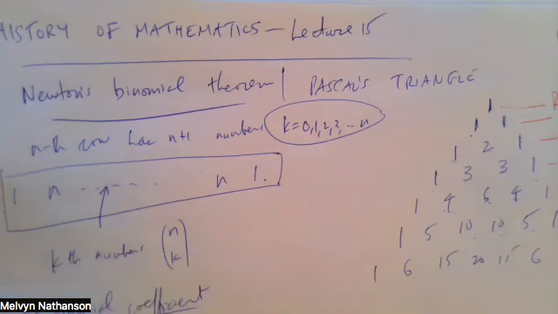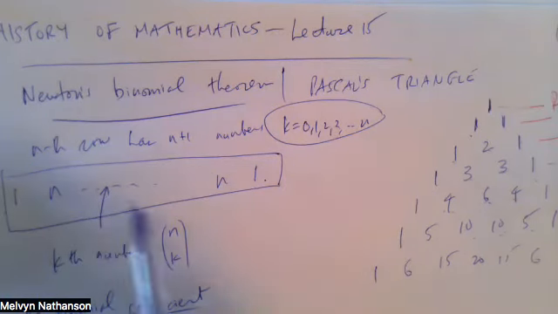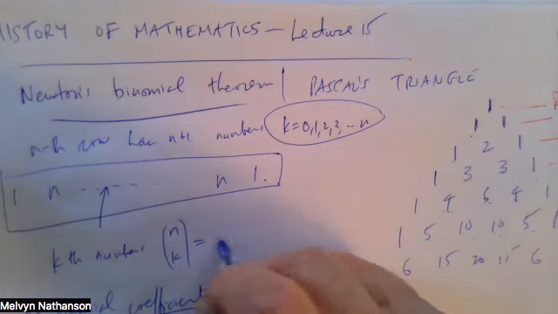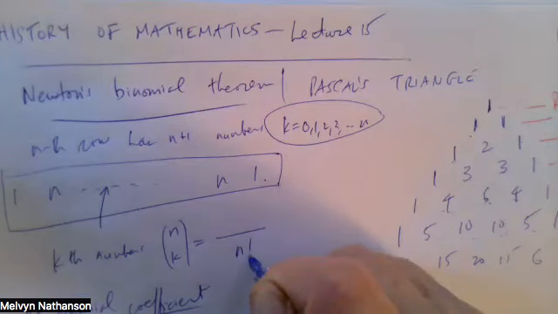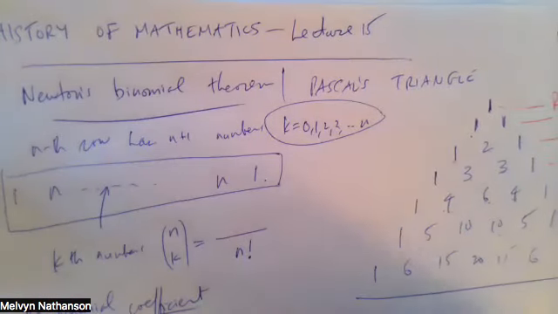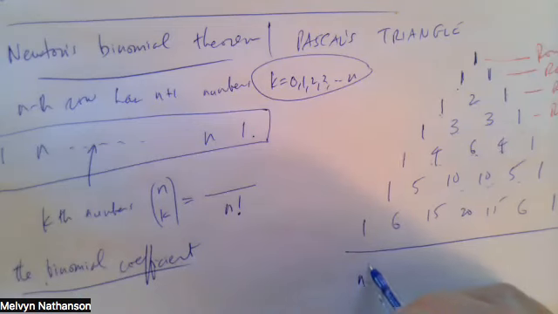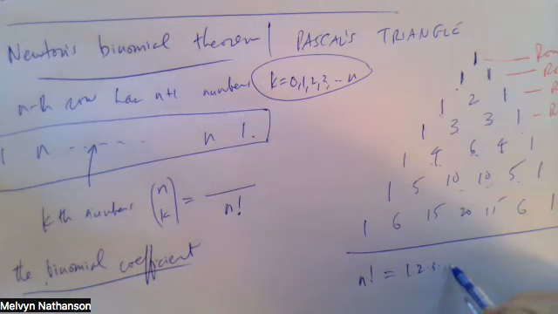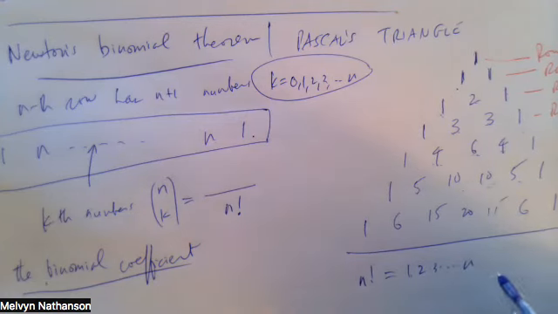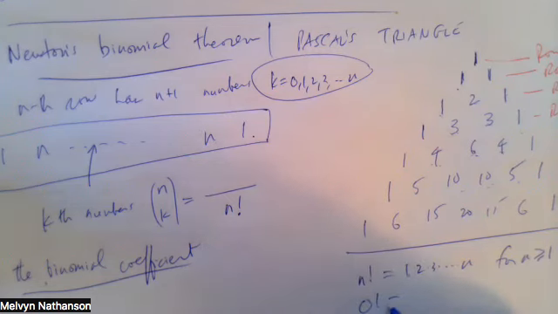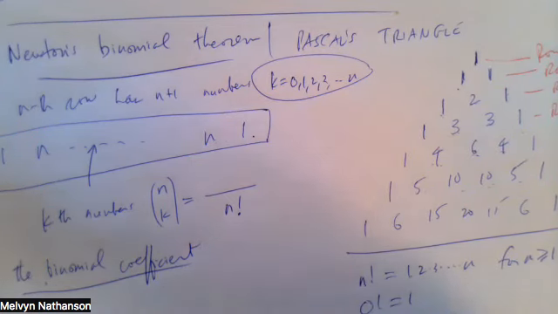And we can say exactly what this number is. What is the number that is the kth number in the nth row? It can be written as a fraction. The denominator is n factorial. I remind you that for any positive integer n, n factorial is the product of all the numbers up to n. 0 factorial is just defined to be 1.